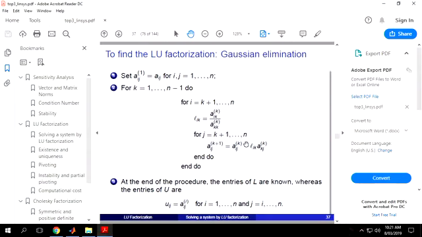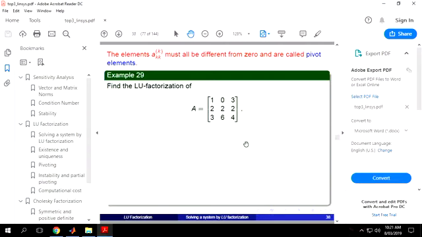Let me illustrate with a simple example. Suppose you have this matrix: 1, 0, 3, 2, 2, 2, and 3, 6, 4. How do you find the Gaussian elimination of this matrix?